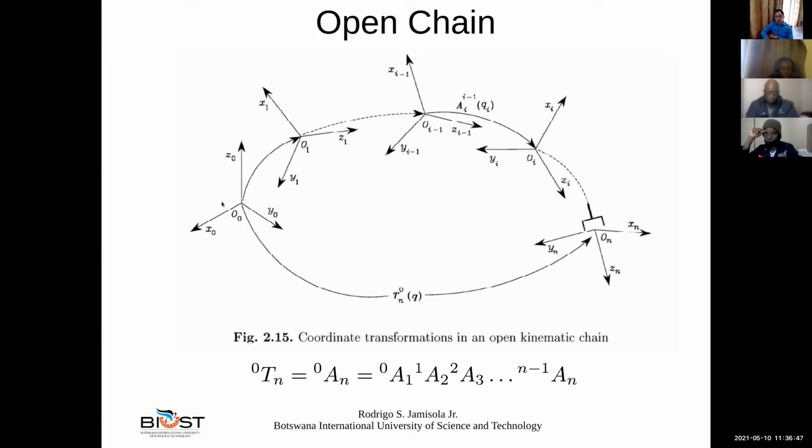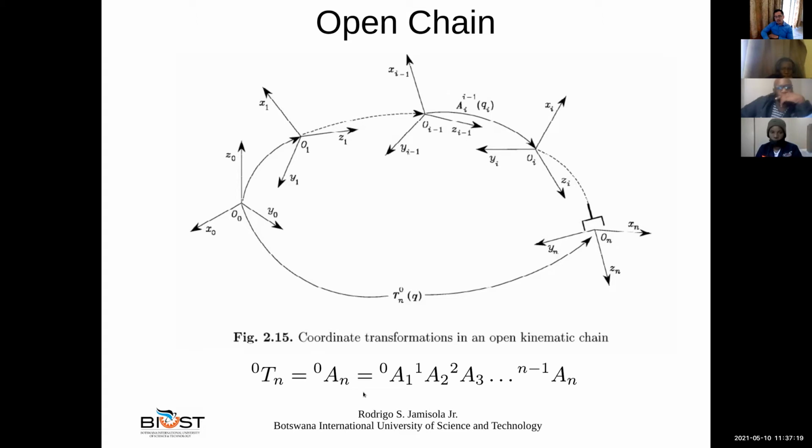So here is the base, and then joint 1, joint 2, and so on until the nth joint, which is normally at the hand or the end effector of the robot. This is the base, and that's the end effector. So to know the total transformation from the base, which is frame 0, to the end effector, the nth joint, it will be equal to 0An, which we know already.